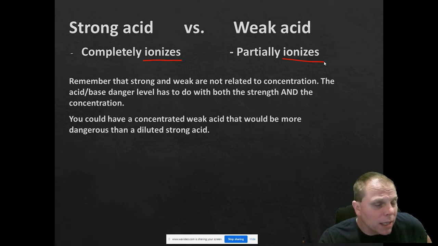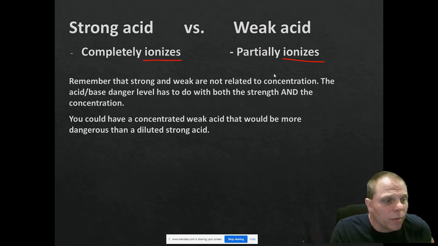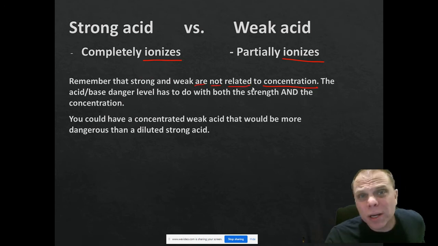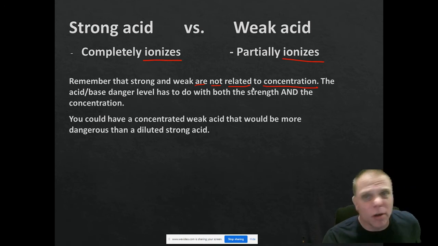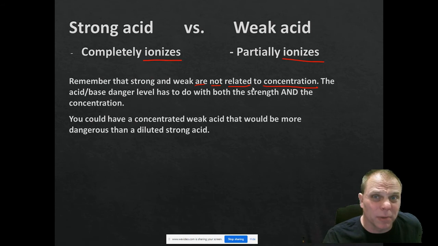Now, it's important to remember that strong and weak don't have anything to do with concentration. They are not related to concentration. So you can actually have a really concentrated weak acid that could be more dangerous than a really diluted strong acid. Know that those two things are not necessarily related to each other.